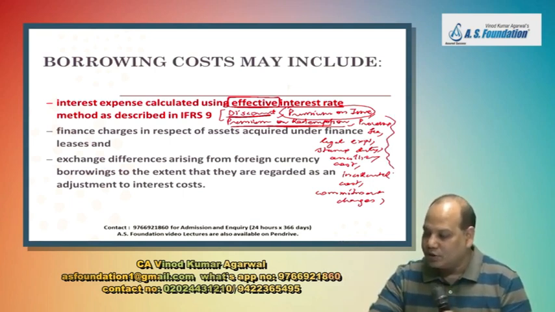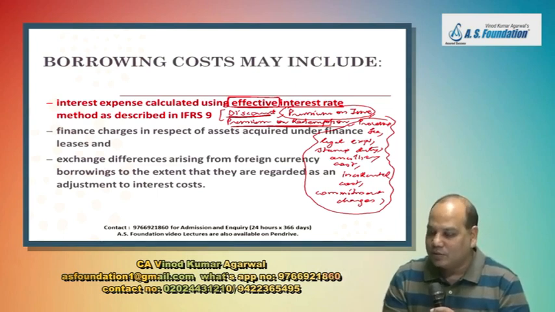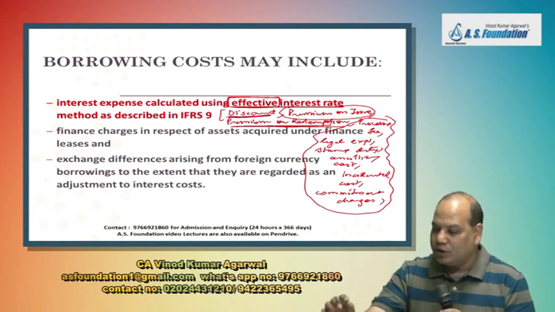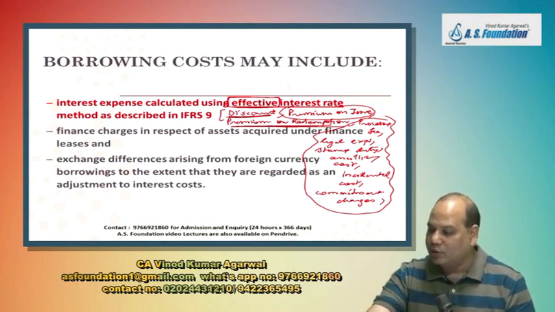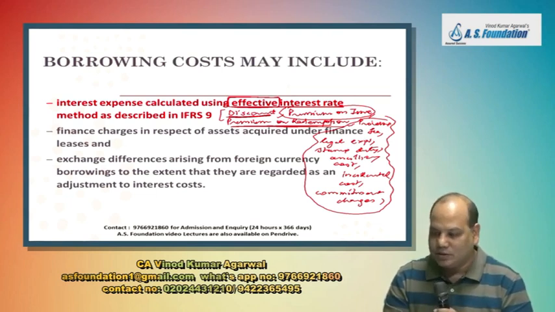If you incur all these expenses, they will be considered in the calculation of effective interest rate, and therefore, even though not mentioned directly, all these other costs incurred in connection with borrowing are indirectly included in the calculation of effective interest rate.